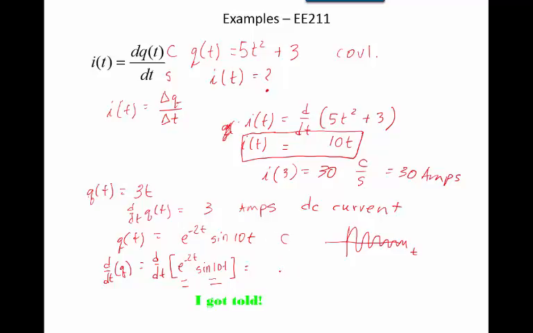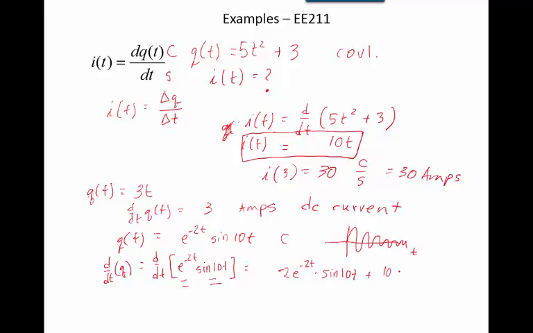So derivative of the first is minus 2, because you have to take the derivative of this. This is your chain rule in action, right? E to the minus 2t. Derivative of the first times the second plus derivative of the second, so I have to take the derivative of what's in here first.